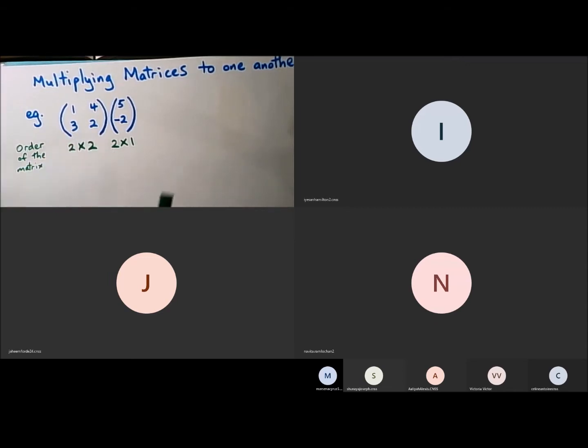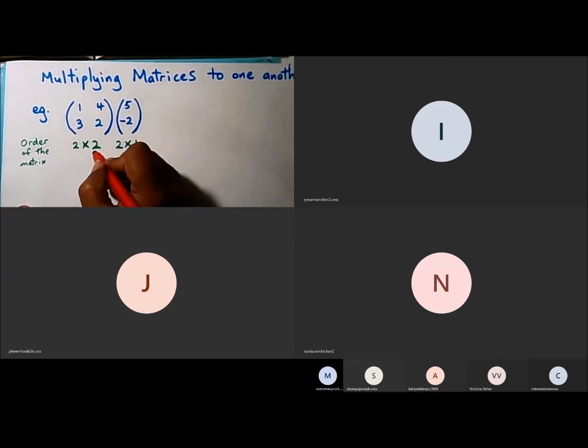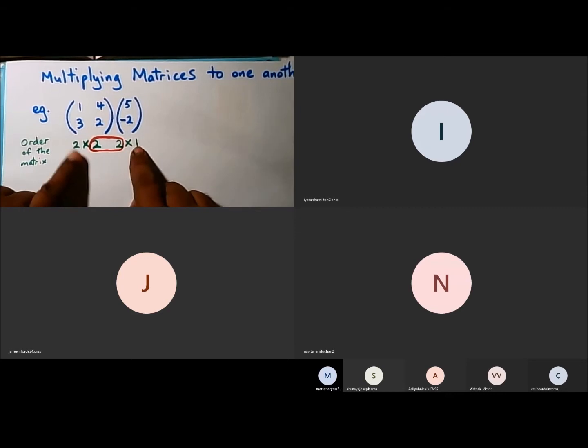All right, now the reason why I write out the order of the matrix is to check for compatibility, to see if they can work out. How do you know if they could work out? They can work out if these two inner numbers are the same. These are the outside numbers and these are the inside numbers.